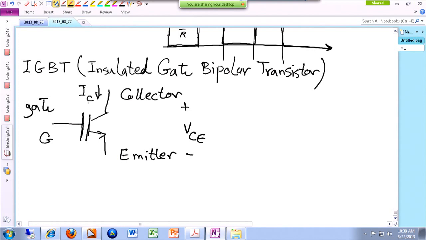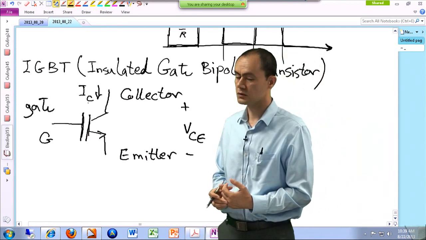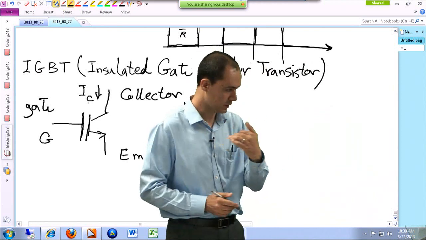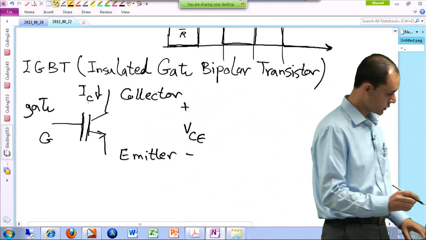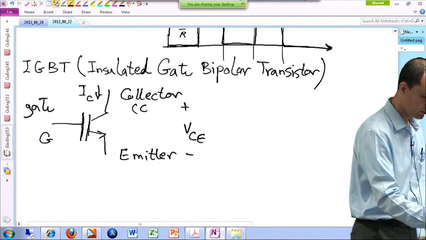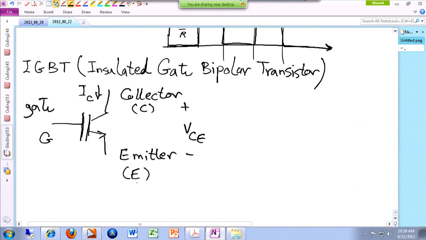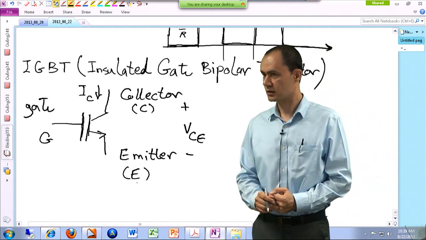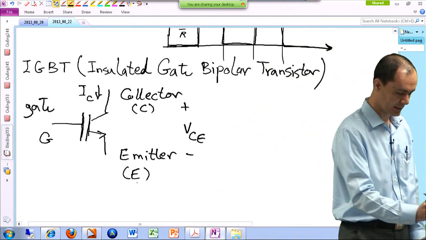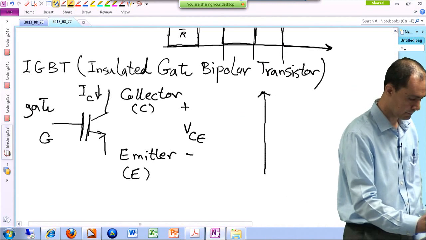The current of the collector, and when it comes to measuring the voltage, we always look from collector to emitter. All right, so this is just C, and this is just E. Okay, so the ideal volt-ampere characteristic of this component is exactly the same as the MOSFET.